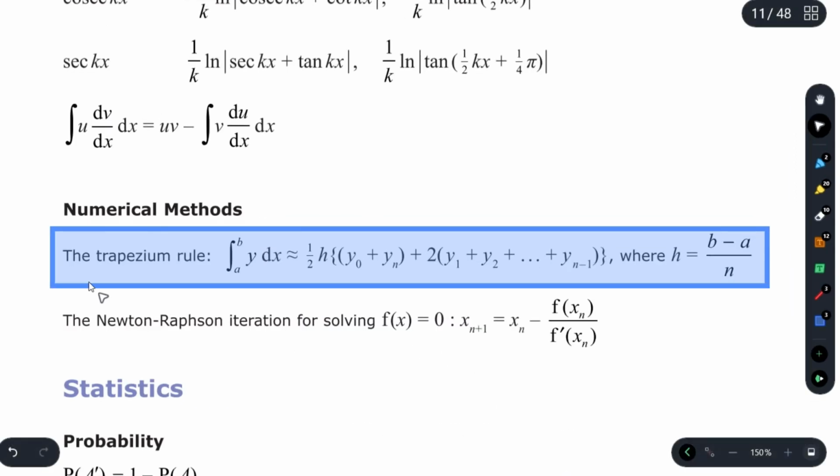Well, here is the trapezium rule. What we are required to find to begin with is h, and that's equal to b, our upper limit, subtract a, our lower limit, over n, the number of pieces of data we have.